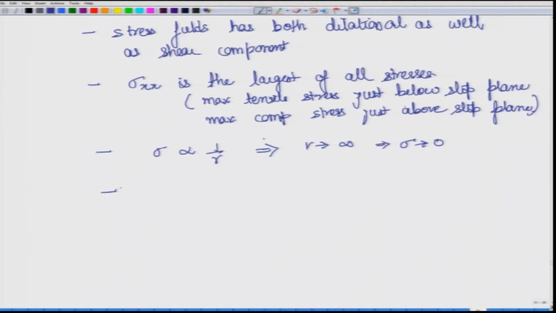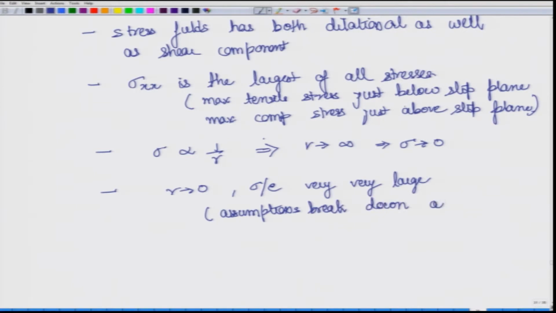On the other hand, when r tends to 0, stresses and strains become very, very large. What does that mean? That our assumptions break down at some critical radius, which we call the core radius.